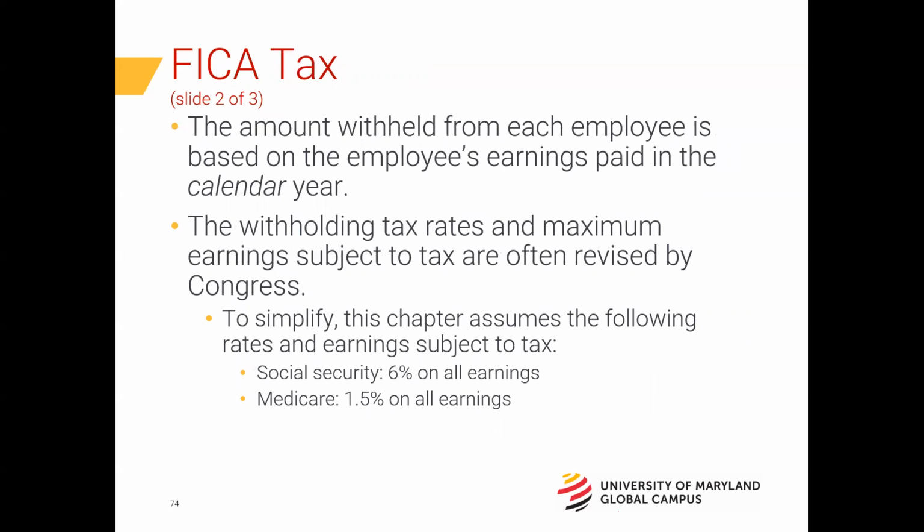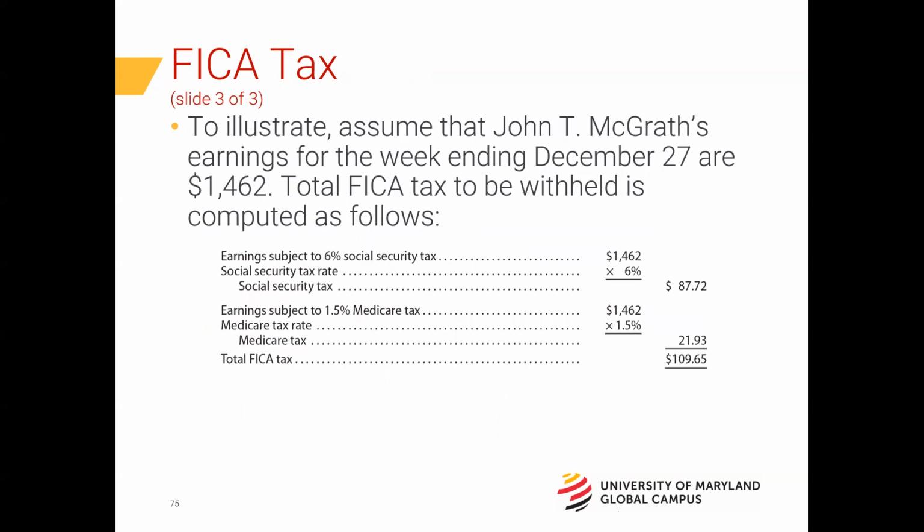Here are the rates. The rates are determined by your fun folks at the IRS. 6% on all earnings for Social Security, 1.5% for all earnings on Medicare. It might be a little different now, but that's what it was at the time this slide was made, which I think was a few years ago, so it probably changed. Okay, so looking at our employee from earlier, they earned $1,462 in gross pay, right? 6% goes to Social Security.